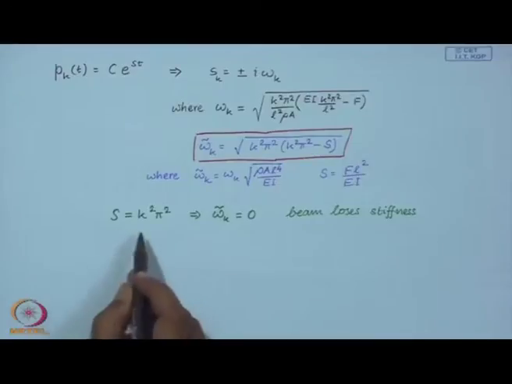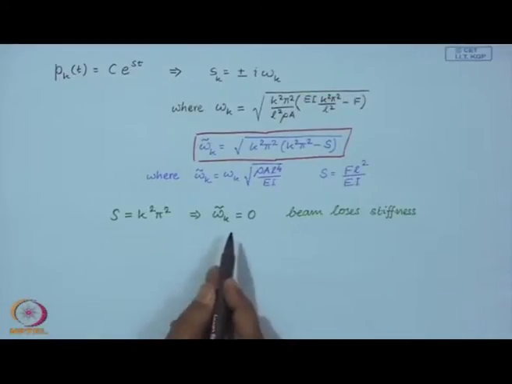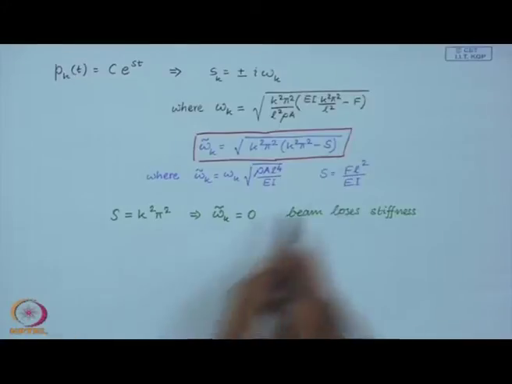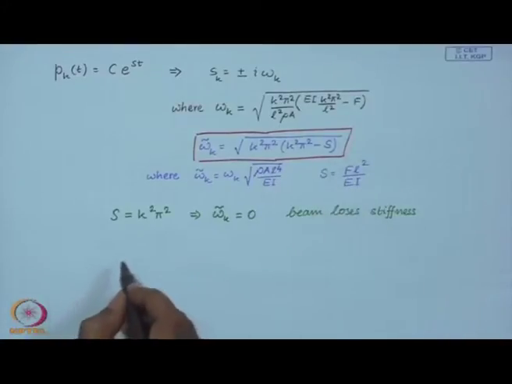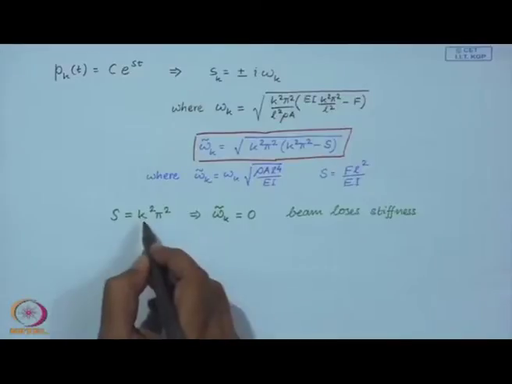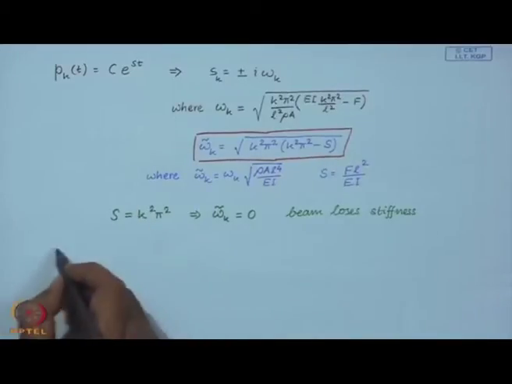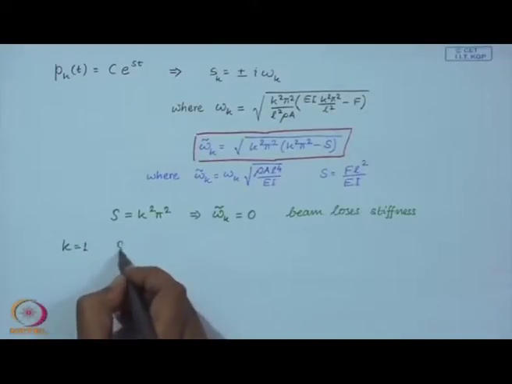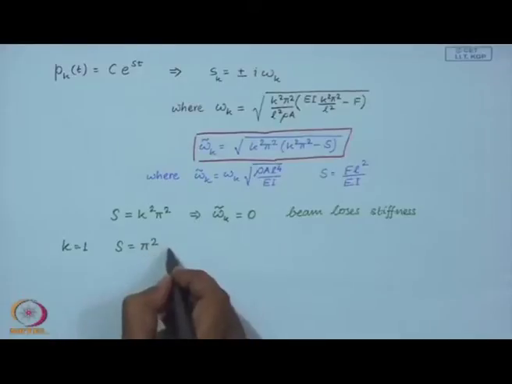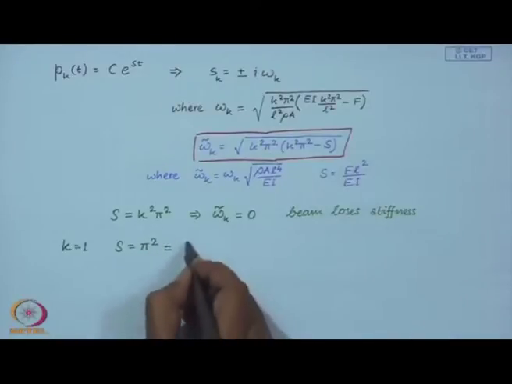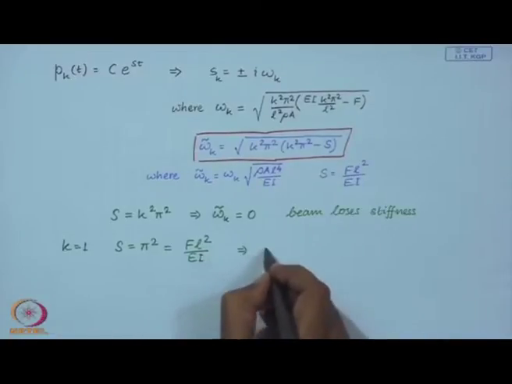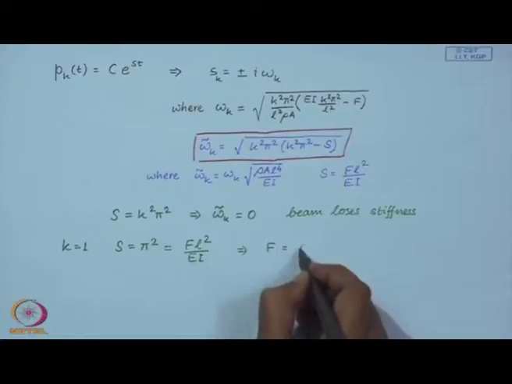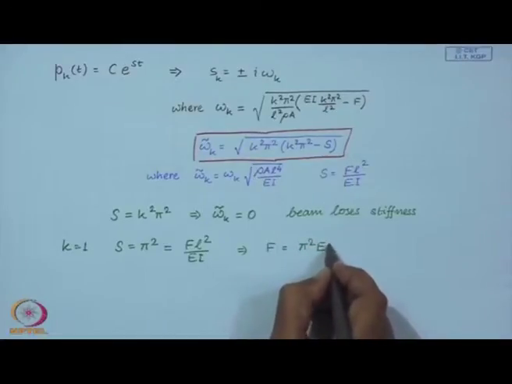If you now substitute here for the lowest mode, when k is 1, then S is pi squared, and from here we know that it is F L squared over the bending stiffness.